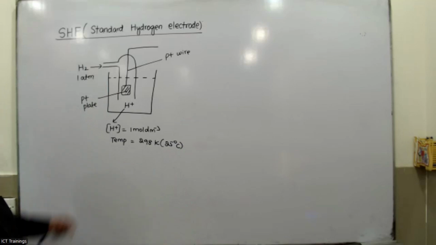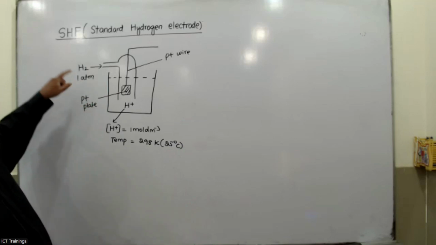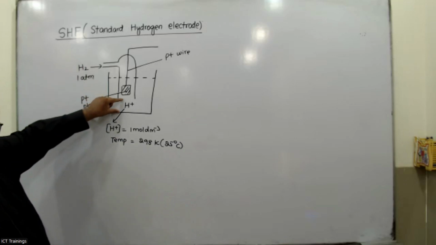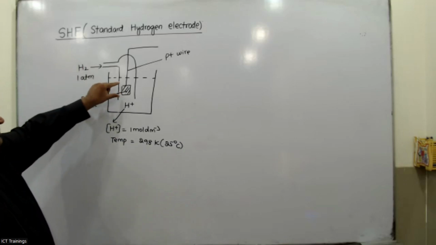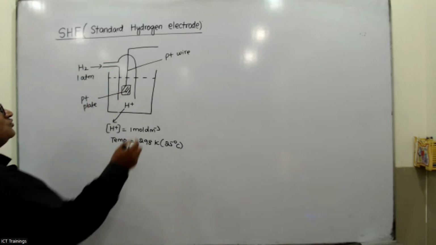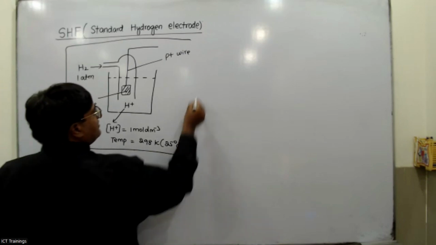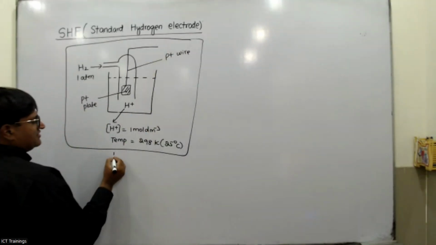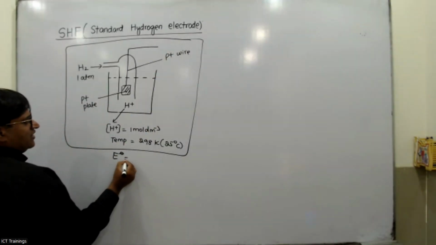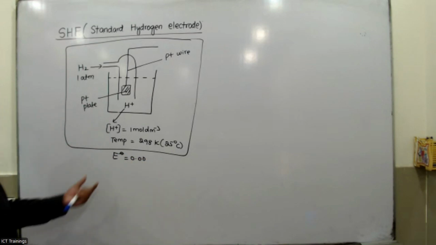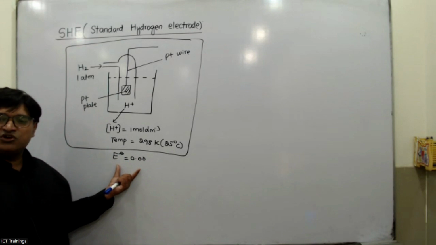Under these conditions, you take the hydrogen gas, you have the hydrogen ions in the solution and the platinum plate, and you consider this as the standard hydrogen electrode and consider its E naught value as 0.0.